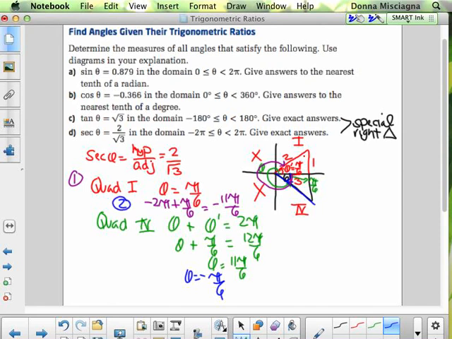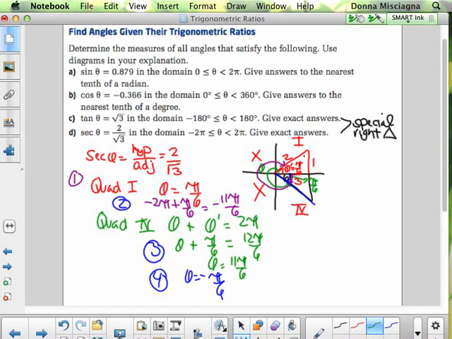Answer number 2, also in the first quadrant, is negative 11 pi over 6. Answer number 3 in the fourth quadrant is 11 pi over 6. And then answer number 4, also in the fourth quadrant, but going the other direction, is negative pi over 6. And there we go. So look carefully at your domain here.